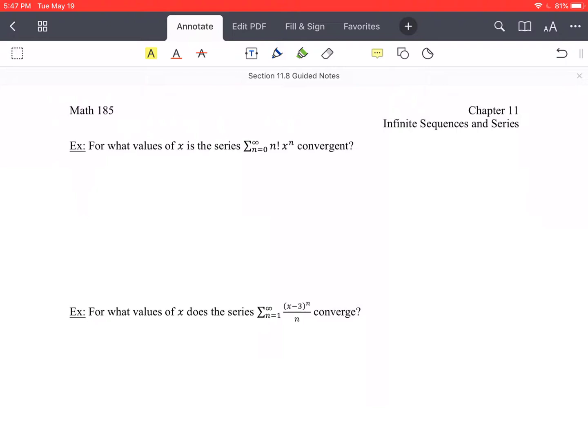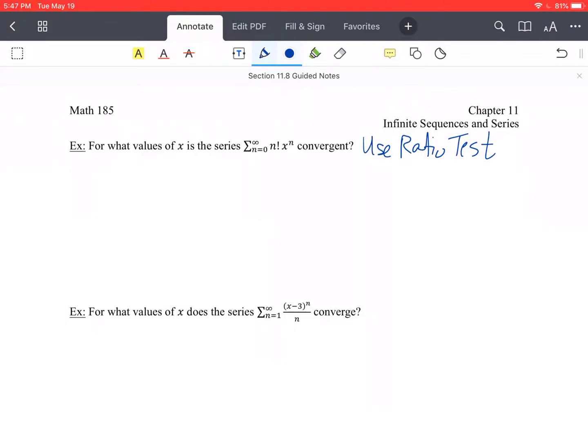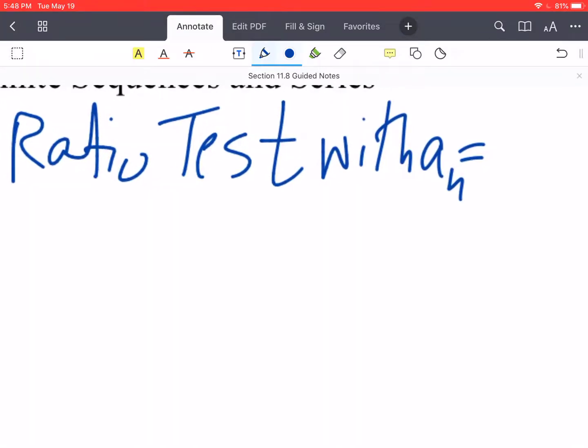In this case, we're going to use the ratio test, with a sub n being n factorial times x to the n.